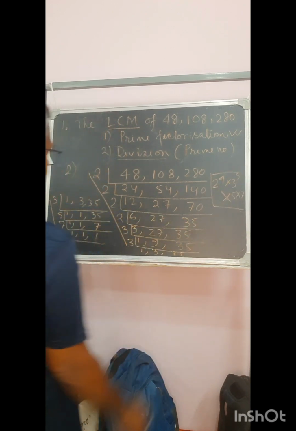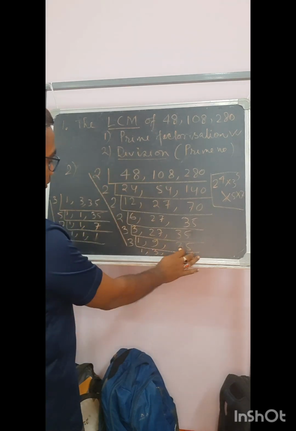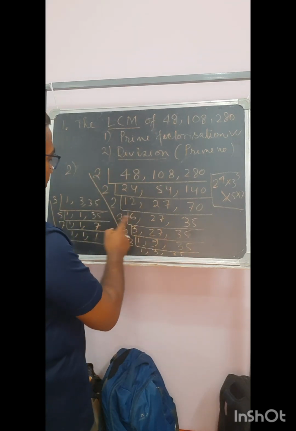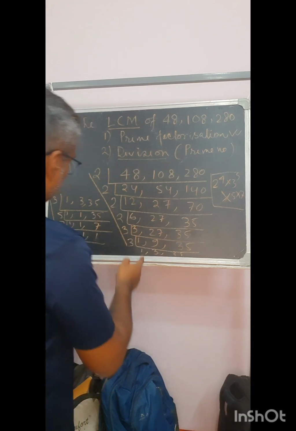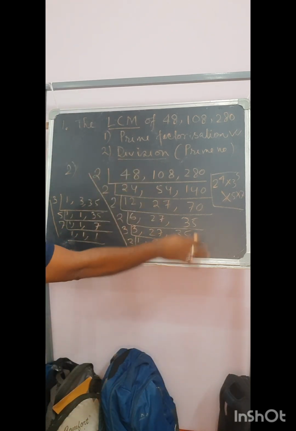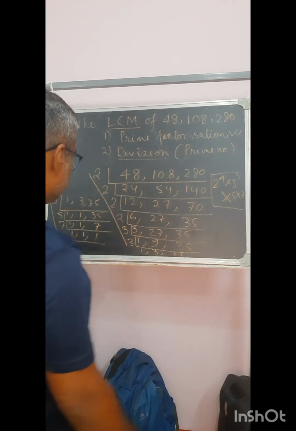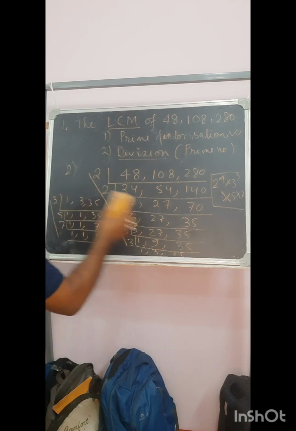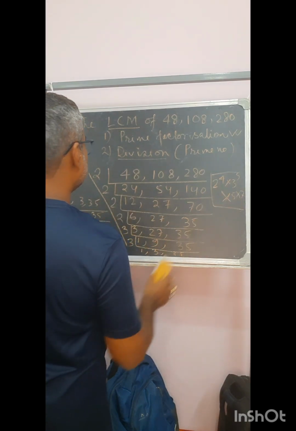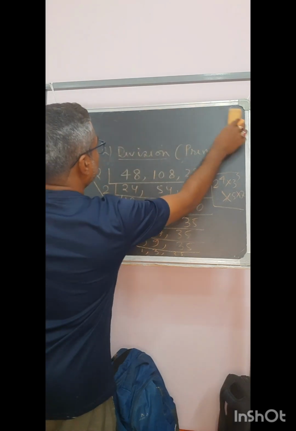So when you are doing the division method, you have to go on doing it, even if it is a single number being divided with any prime factor, till you get 1 at the bottom. So this is the divisional method of doing LCM. In both cases you can see the result is coming the same. Okay, now coming to the next problem.